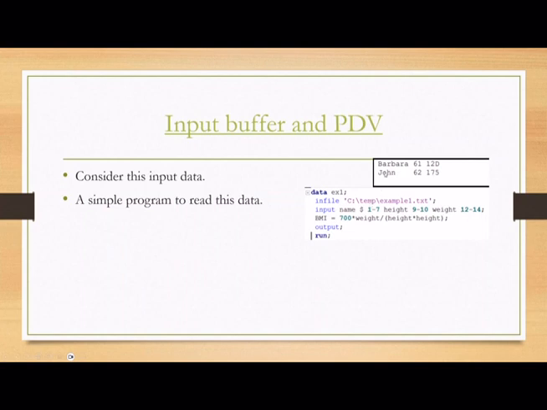I'm saying dollar so that we are reading in a character variable. Then height, so 8 is being skipped, 9 and 10 are height, so 9 to 10 is height. And then weight is 12, 13, and 14, so 12 to 14. And then a new variable is being calculated called BMI based on the data that we are reading. And there's an OUTPUT statement, we'll talk about that OUTPUT statement, and then there's a RUN statement.